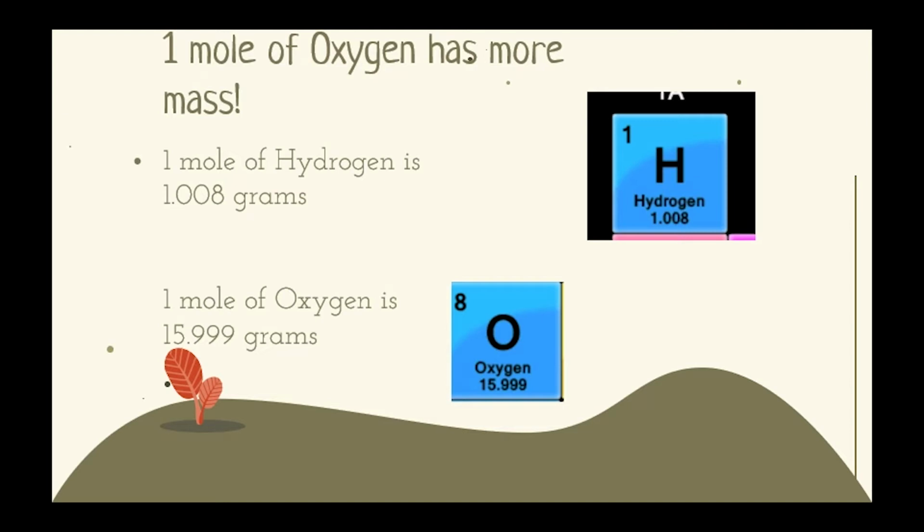So if we had 1 mole of hydrogen, it would have a mass of 1.008 grams. Meanwhile, oxygen's atomic mass is 15.999. So if we had 1 mole of oxygen, it would have a mass of 15.999 grams. 15.999 is more than 1.008, so therefore 1 mole of oxygen has more mass.